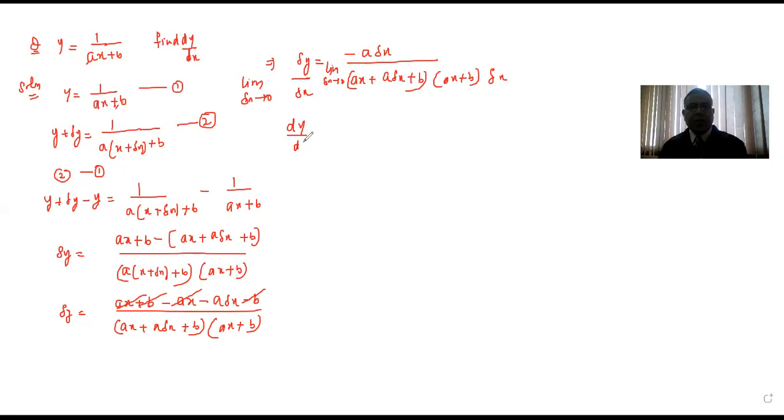So dy by dx is equal to, delta x goes with delta x, minus a upon ax plus a into 0 plus b into ax plus b, which is minus a upon ax plus b whole square. This is the value of dy by dx.